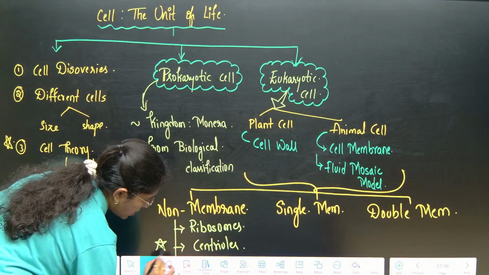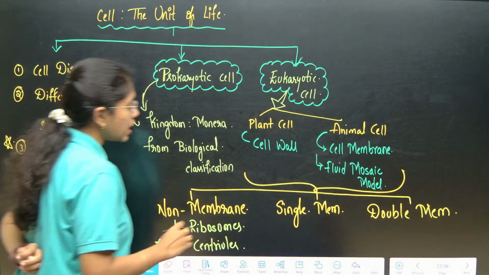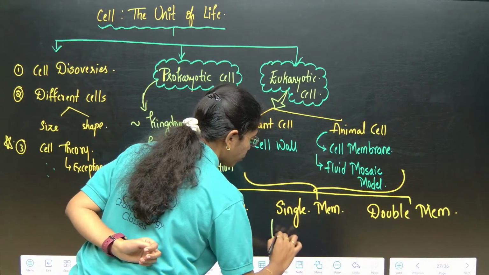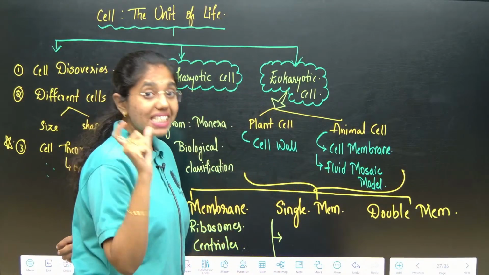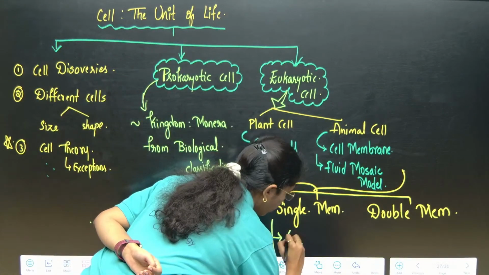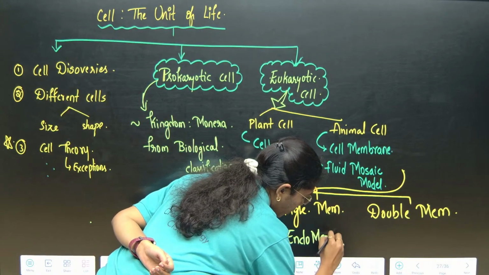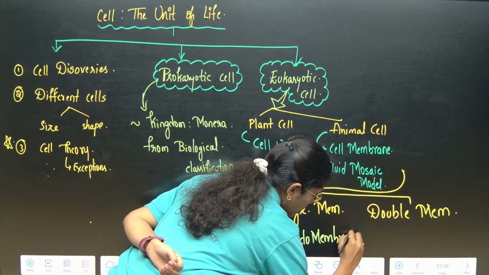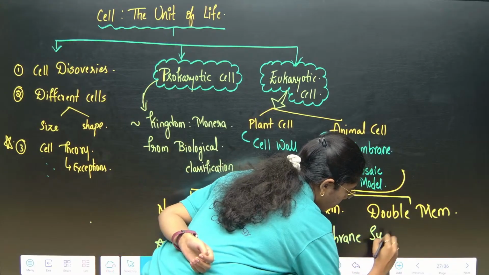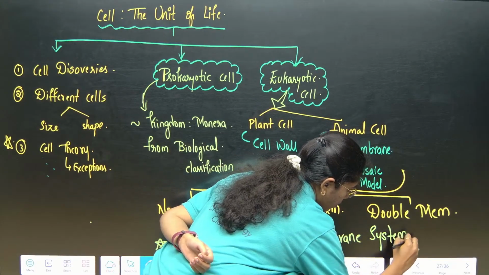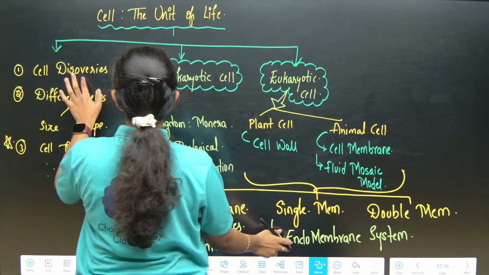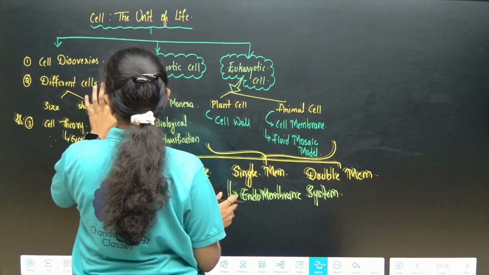Very important, centrioles again. Single membrane bound, you have to go through the major system, that is endomembrane system here. Endomembrane system. Fine, right. Next is double membrane bound organelles.